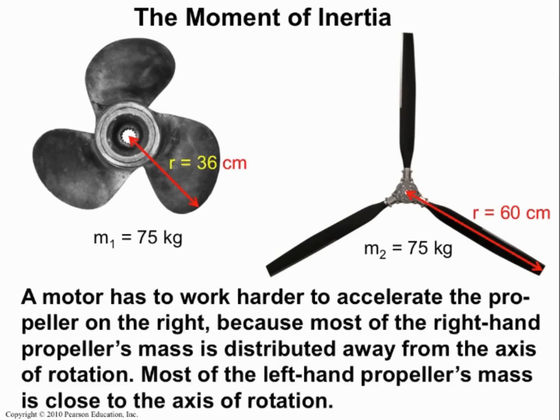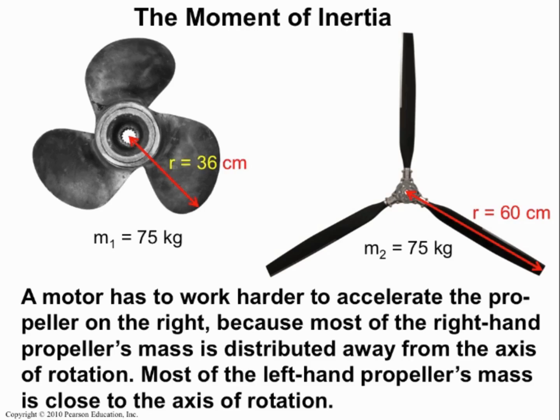Is this what you came up with? A motor has to work harder to accelerate the propeller on the right, because most of the right-hand propeller's mass is distributed away from the axis of rotation. Most of the left-hand propeller's mass is close to the axis of rotation.